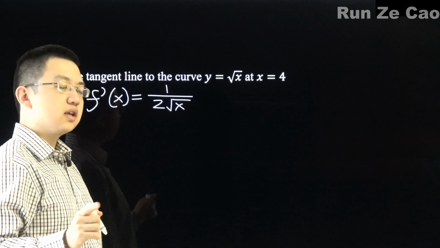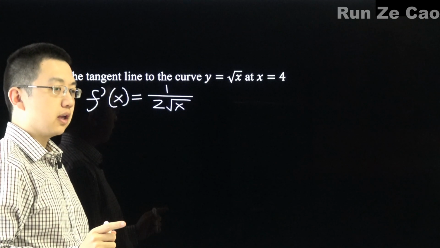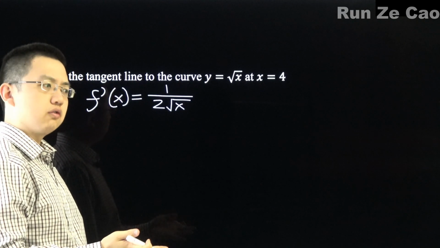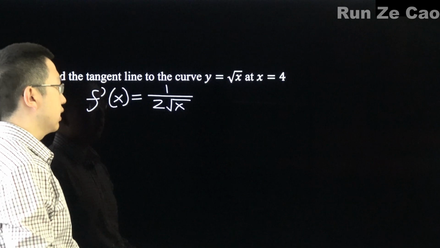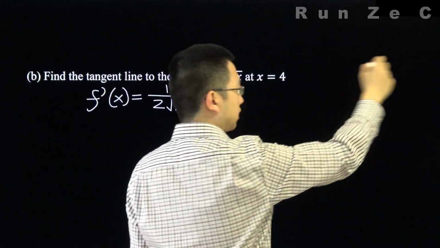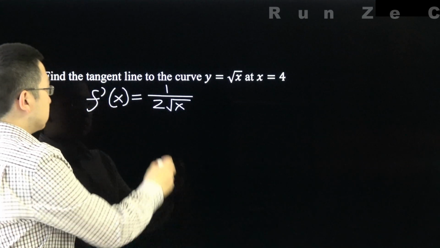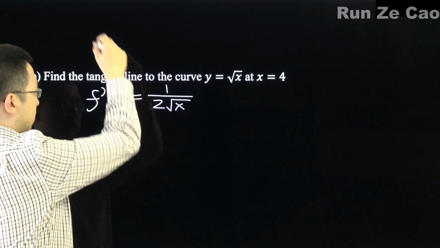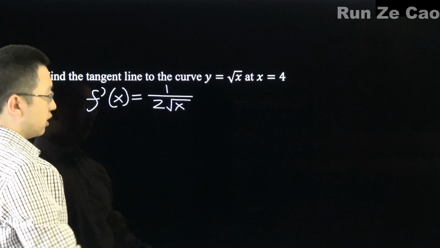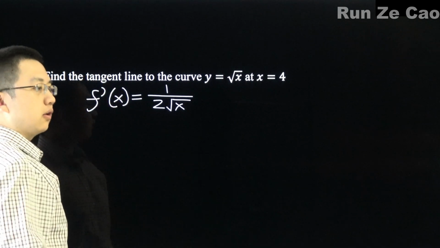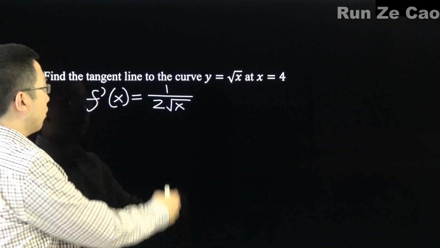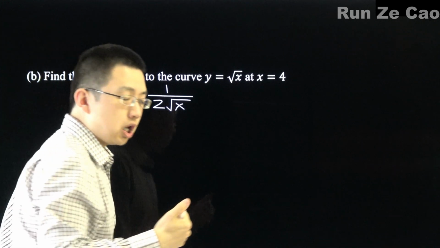One of the easiest checks you can make for slopes is, oh, is it positive over this range? Or is it negative over this range? We know that root x increases at a decreasing rate. So 1 over 2 root x, well, as x gets bigger, this is going to get smaller and smaller. Okay, that works. And it's always positive. Okay, good.